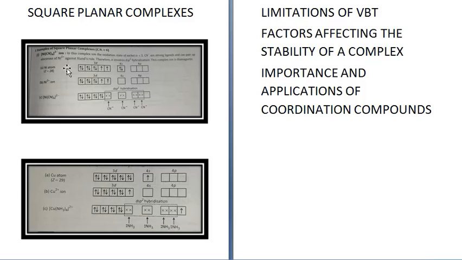See, nickel atom has atomic number 28, so electronic configuration 4s² 3d⁸. So Ni²⁺ loses 2 electrons of 4s, so you are left with 3d⁸. Now the 4s and the 4p, they hybridize to form 4.